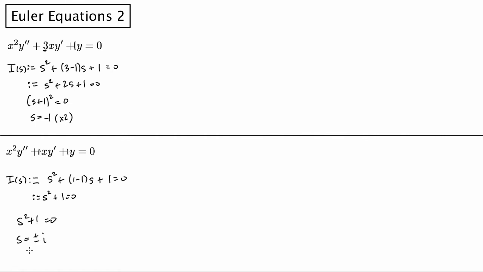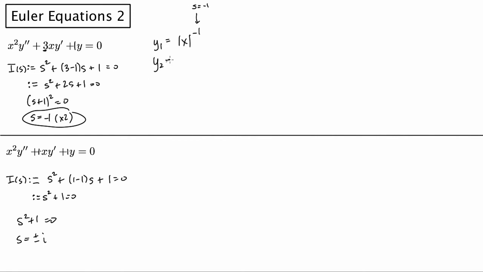If we are taking the top problem, then because this is my Euler root, y1 is nothing more than the absolute value of x to the -1. Remember, the root goes here as the power, s equal to -1.